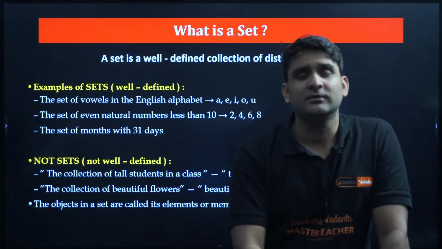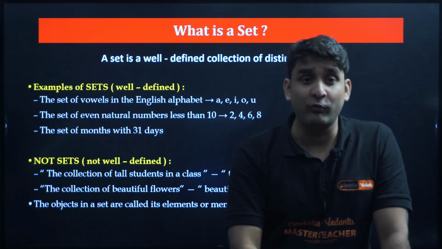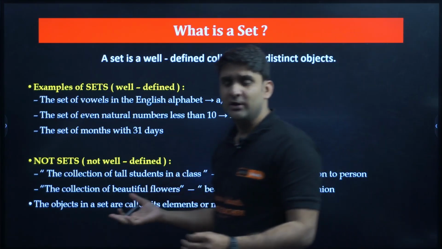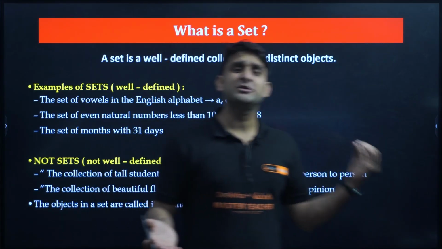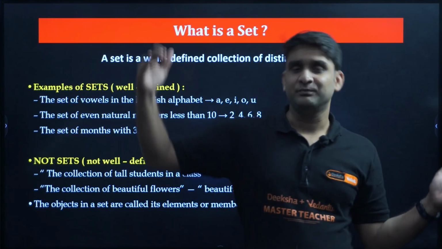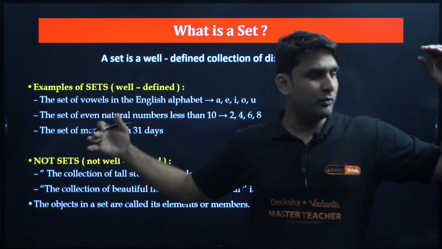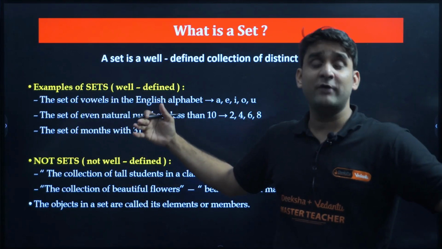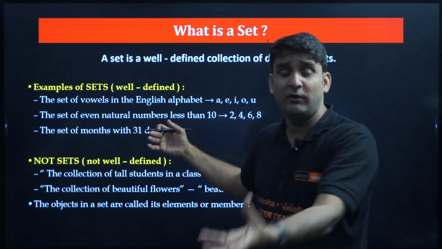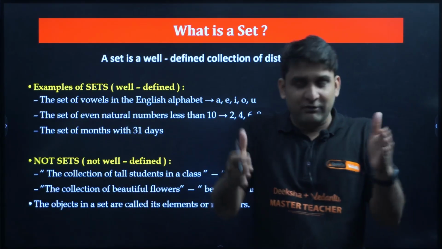For example, just listen everyone, if I ask you, write a set of all the best footballers of the world. You can't write it in the form of a set, because if you search who is the best footballer of the world, according to the number of goals, some footballer will be ranking first. According to defensive power, attacking power, midfielding capability, or physical fitness, there may be different criteria.